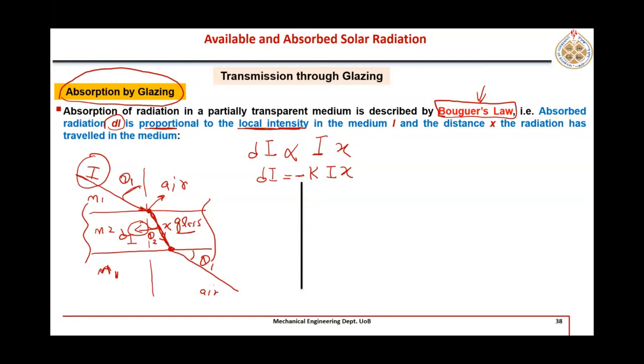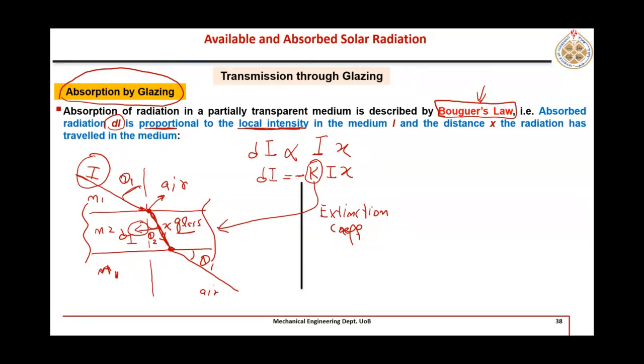So k is the proportionality constant that depends upon the material of that glass, and that is called the extinction coefficient. And that depends upon the material of that solid or transparent, semi-transparent material.